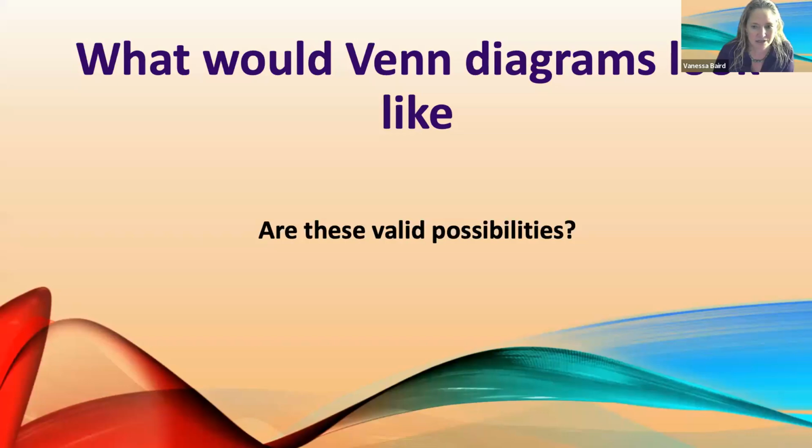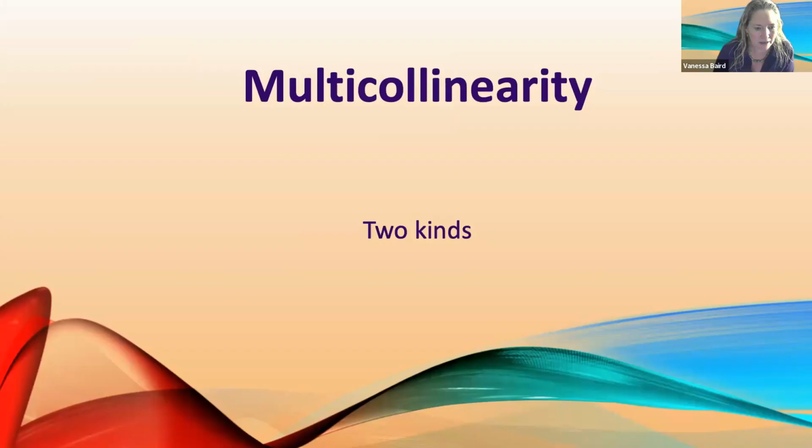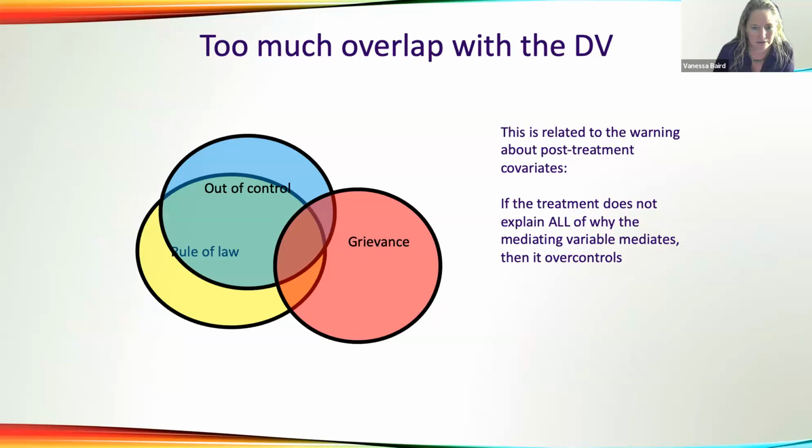All right, so here's some fun. There are two kinds of multicollinearity. There's the kind where the two independent variables are highly correlated, so that diamond becomes big and their independent effect can get smushed out, which is what sometimes happens when we try to control for post-treatment variables.